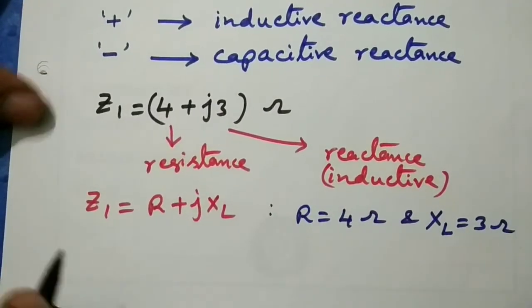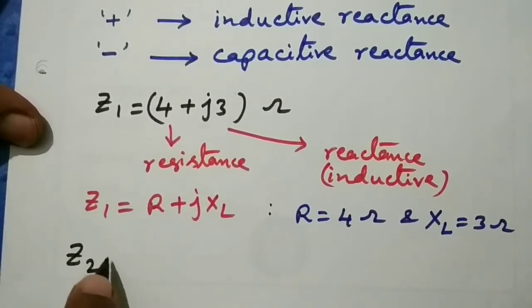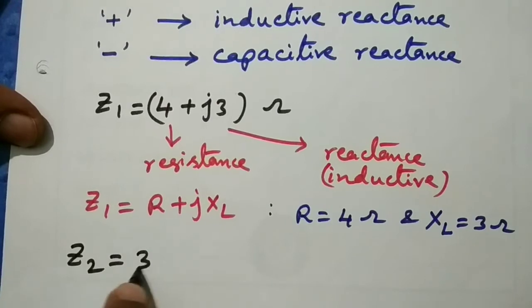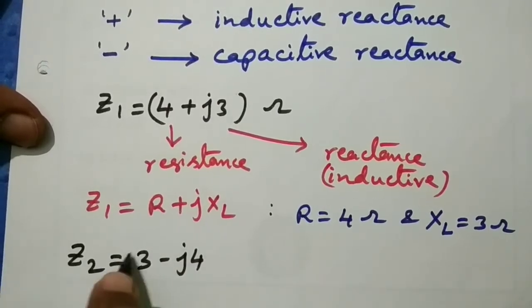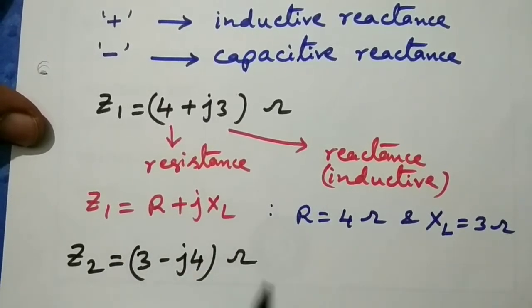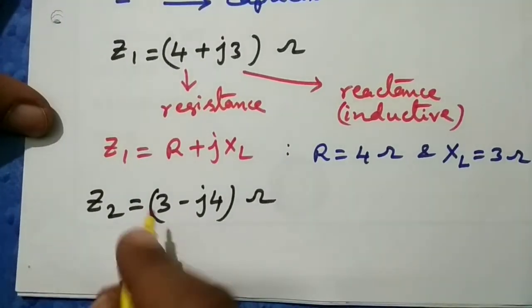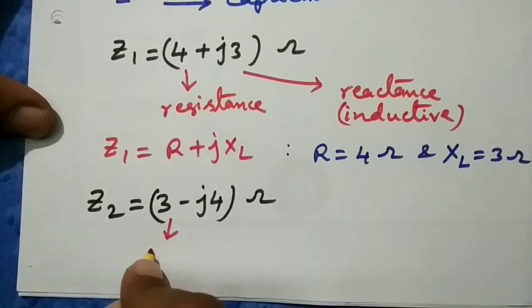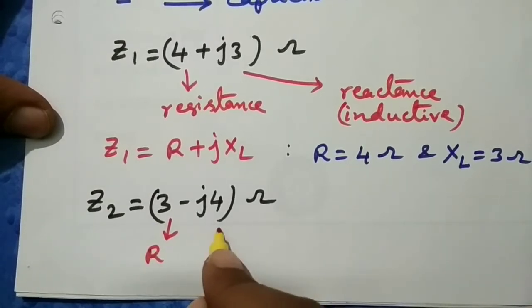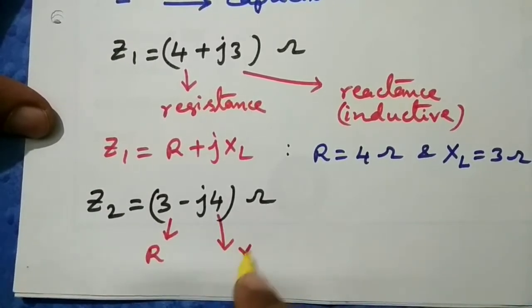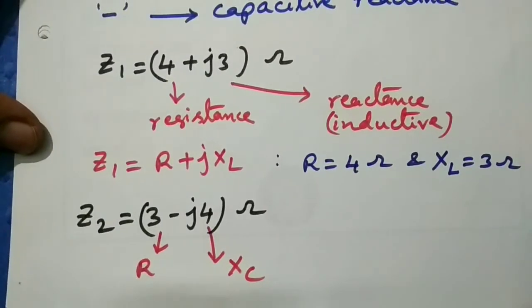Similarly, if I consider Z2 as 3 minus J4, so here the real part is again the resistance and the complex part will be the reactance. And as the sign before the complex part is negative, that means it will be the capacitive reactance.